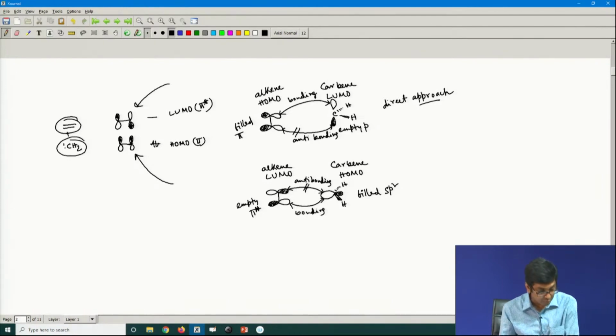So, the direct approach is not possible in both cases, whether you take the carbene HOMO or the carbene LUMO, because of the p orbital. It comes in this fashion, and if you take the carbene HOMO it comes in that fashion, and in both cases it does not give the entire bonding interaction. So, the direct approach is not possible for this type of concerted reaction between the singlet carbene and the olefin.